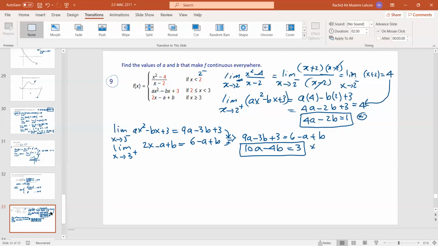All right, and now the second equation we got is double star. So anytime you have 2 unknowns, A and B, you need 2 equations to find them. We can use substitution or elimination. It looks like you have a bunch of numbers, so let's use elimination. We have 4a minus 2b equals 1, and 10a minus 4b equals 3.